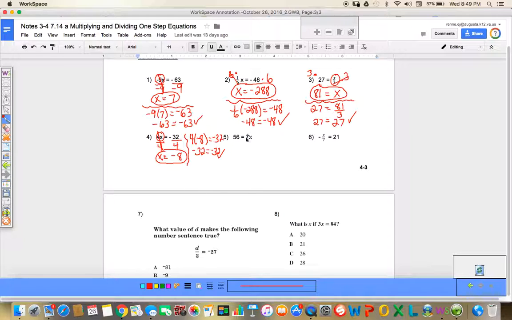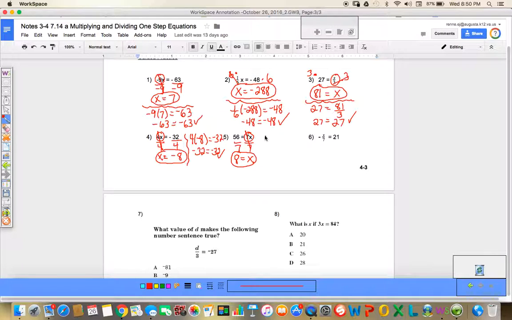Okay, moving right along to example number 5. I have 56 equals 7x. So once again, I'm going to circle the variable, and I see that this is multiplication, so the opposite of multiplication is division, so I'm going to divide both sides by 7. 7 divided by 7 is a 1 in disguise. So x will equal 56 divided by 7 is 8.